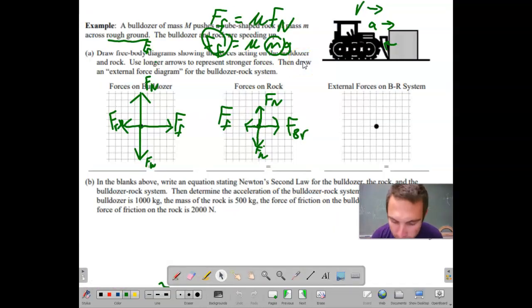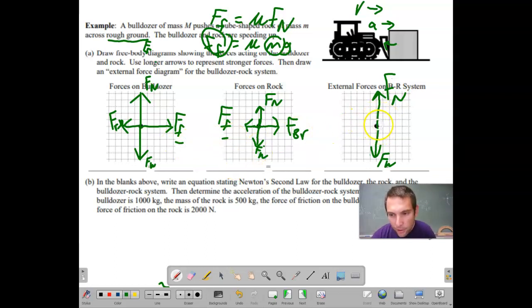So what about the external forces acting on the bulldozer-cube system? For that, we're going to look at everything acting. So we have the weight force for the entire system, which we call FW, and opposing it is Fn. Yes, they're equal and opposite. Now we have this frictional force forward and a frictional force backwards. That's kind of sloppy, right?